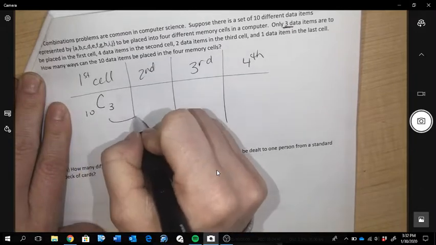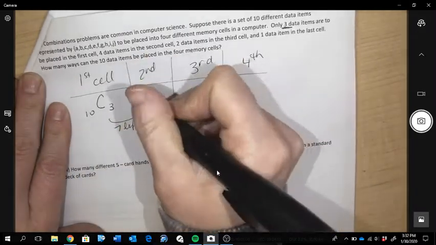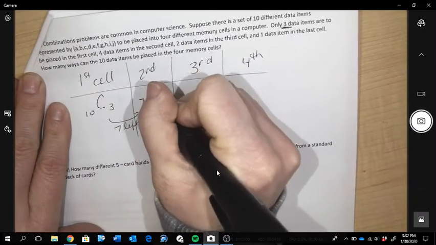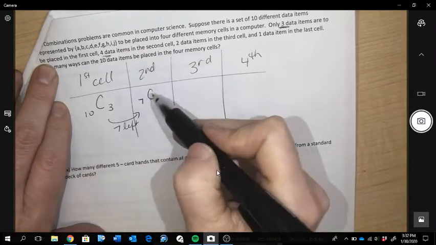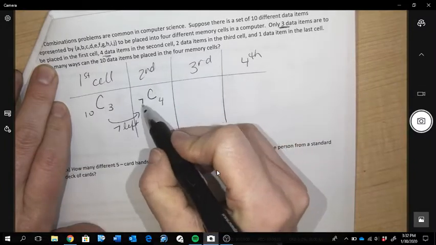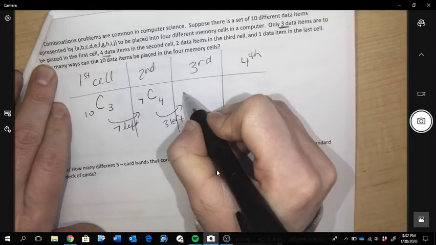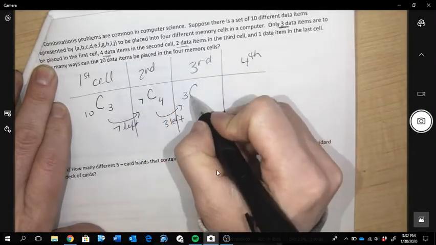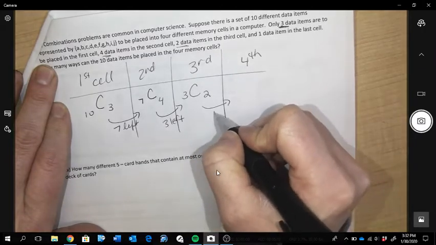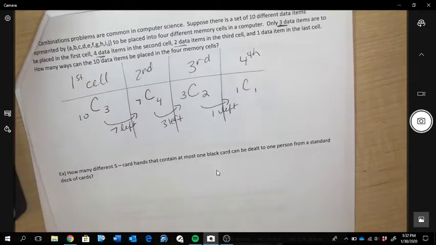So now, does it make sense that we have 7 left to carry over? So in the second cell, there's 7, and we get to choose 4. So now there would be 3 left. So this one we have 3 and we get to choose 2 data items, which leaves 1 left, and then the 4th, not much options there.